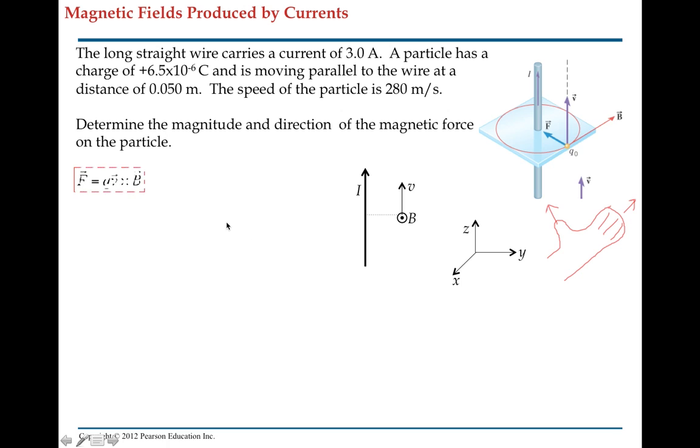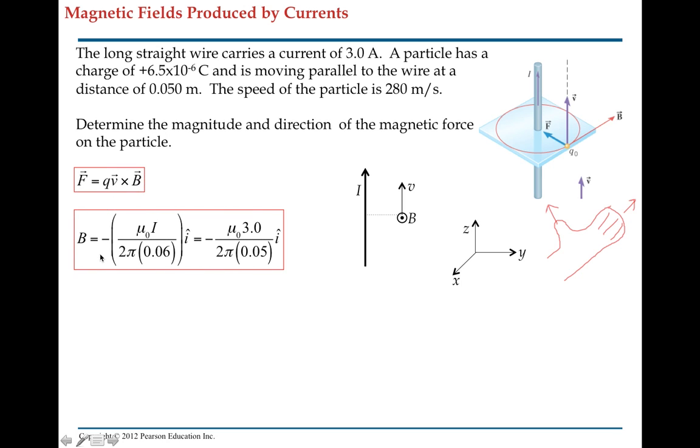So let's do that. The first thing that I need to find is B. B in this case, as I said, is along this direction, into the page. Into the page is minus i hat, and of course it's mu naught I over 2 pi, 1 over L. That's my magnetic field.